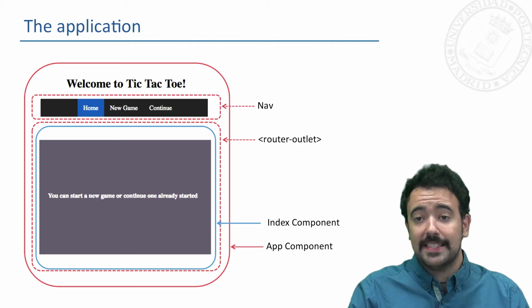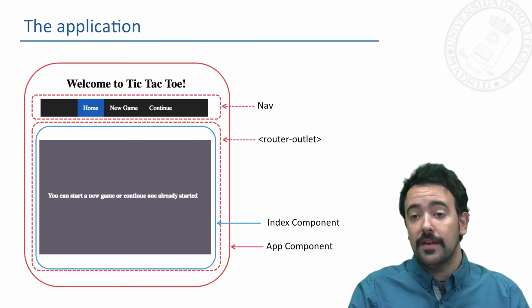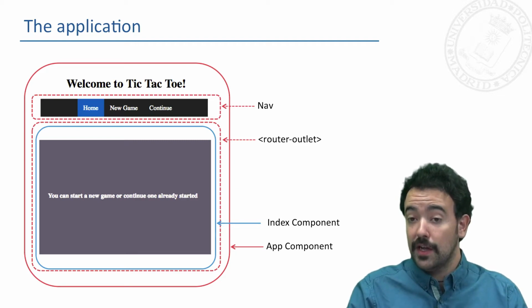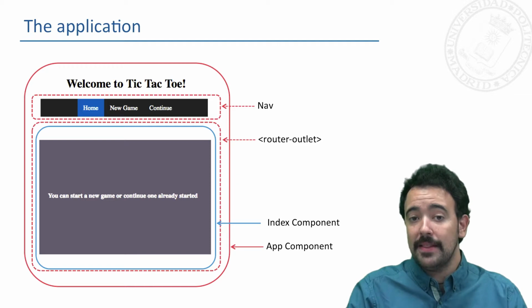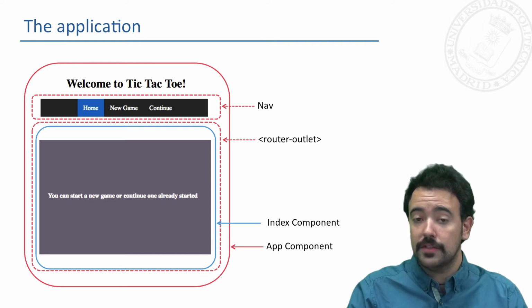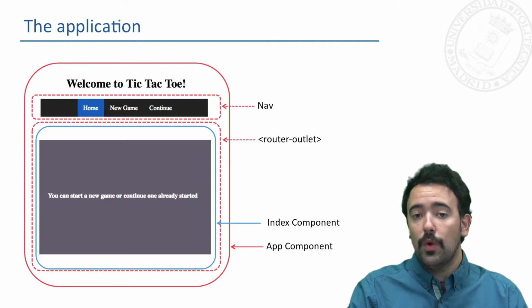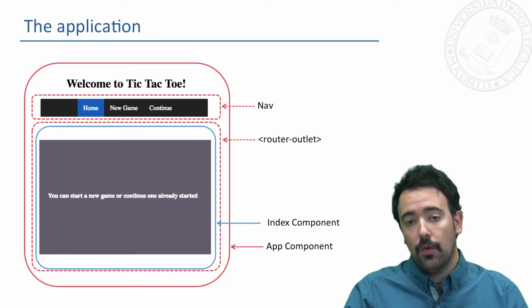Then when the user clicks on new game or on the continue navigation option, we will render the same component, the already created game component, but depending on several variables or on several parameters, we will render a new game or we will render an already started game.